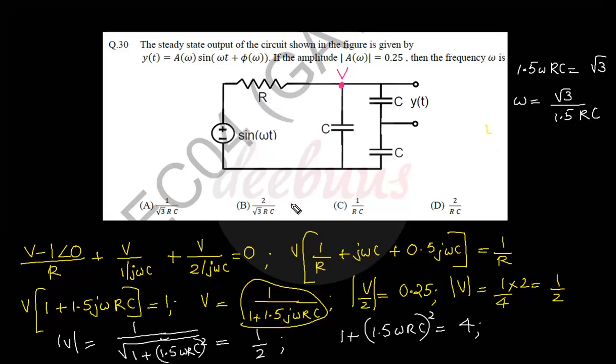Now checking the options, there is no direct option like this, so I am multiplying both the numerator and denominator by 2. That is 2 root 3 divided by 3 RC. So that is 2 by root 3 RC. Right? So the answer is B, 2 by root 3 RC.